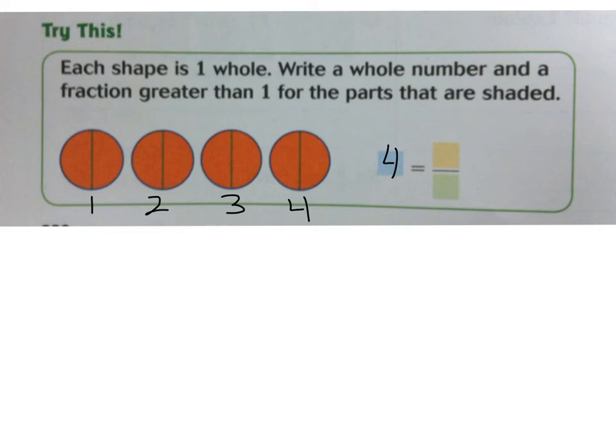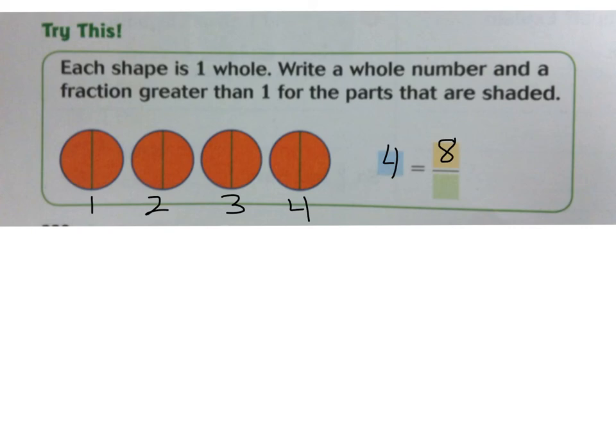If I count the parts shaded, I know that there are 1, 2, 3, 4, 5, 6, 7, 8 parts being counted. So the parts being counted goes in the numerator. 8 parts being counted.